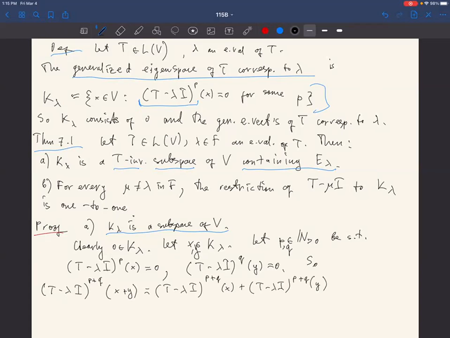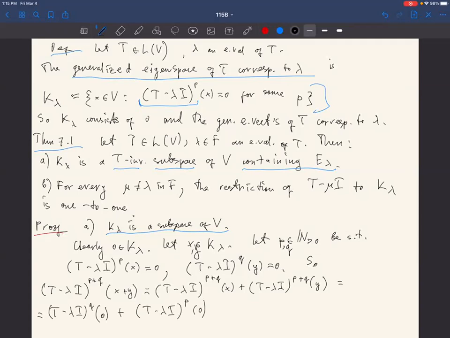This is just linearity of the map. Okay, but now this is the same thing as T minus lambda I to the power q evaluated on 0 plus T minus lambda I to the power p evaluated on 0.